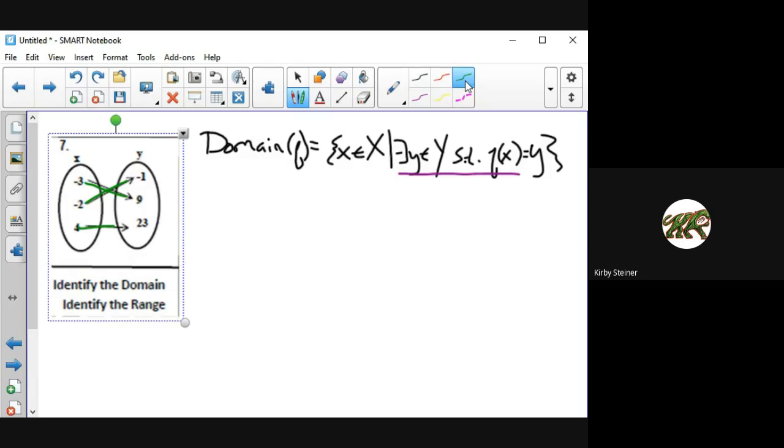So we're going to say, what x's do we have such that the function is defined and equals y, right? And so here we're given three such x's, -3, -2, and 4. So this definition becomes a finite answer now that we have a function. We can write domain of f is equal to which of these x's, right? So x's are going to be -3, -2, and 4.